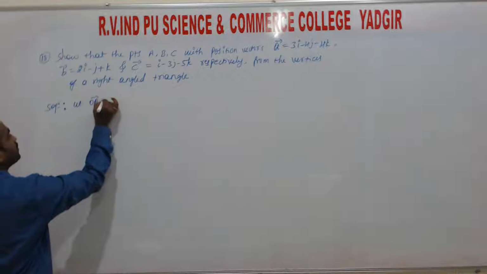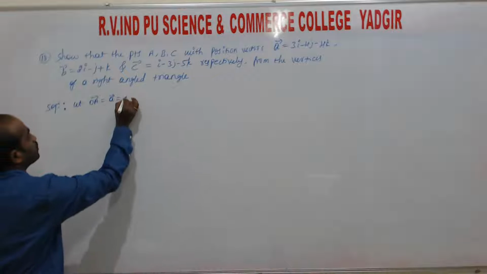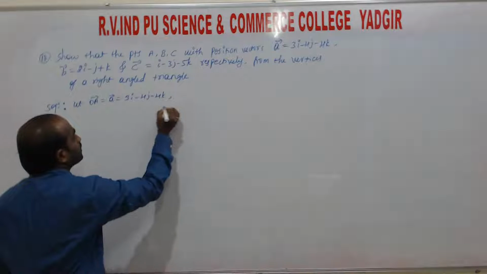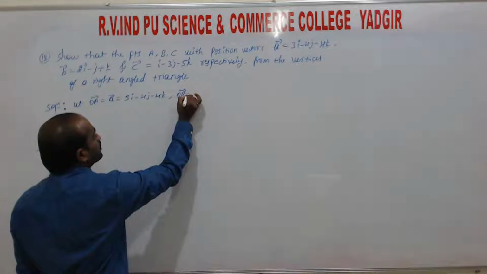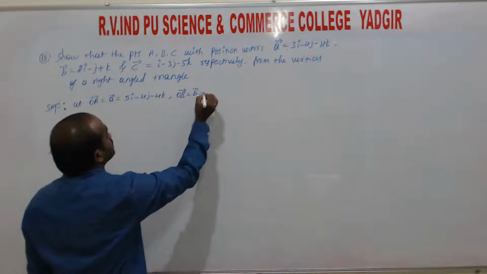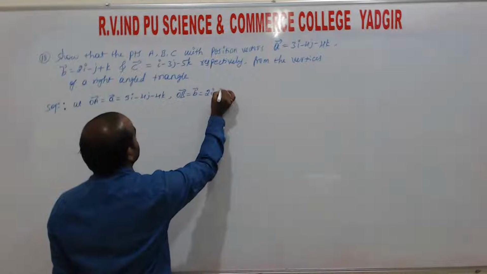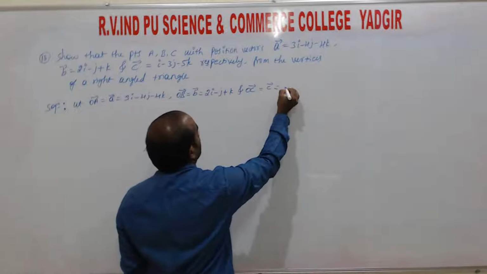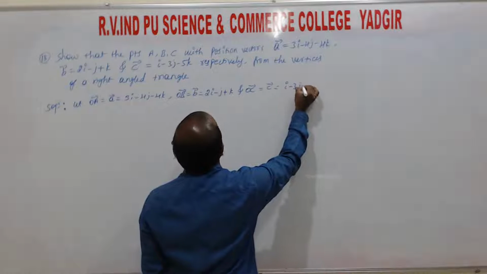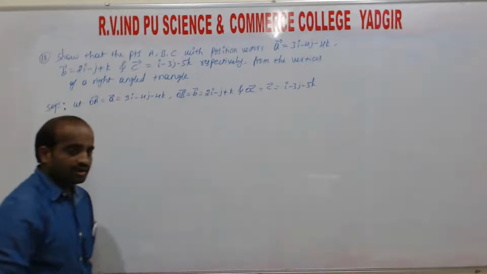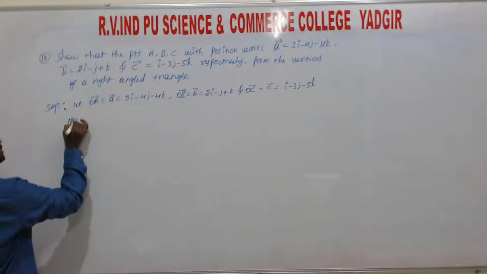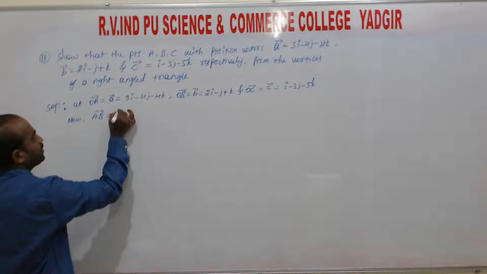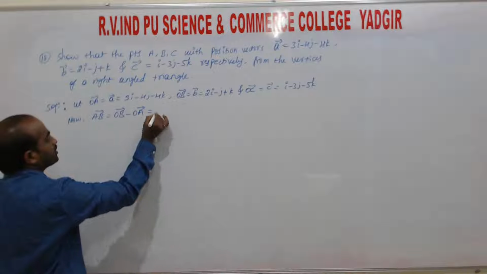The OA vector is equal to the A vector, 3i minus 4j minus 4k. Next, the OB vector is equal to the B vector, 2i minus j plus k, and the OC vector is equal to the C vector, i minus 3j minus 5k. Now we have to find the sides AB, BC, AC. The vector joining two points: AB vector is equal to OB vector minus OA vector.